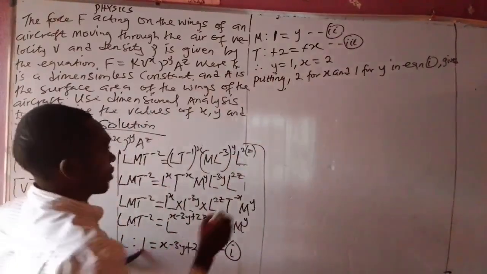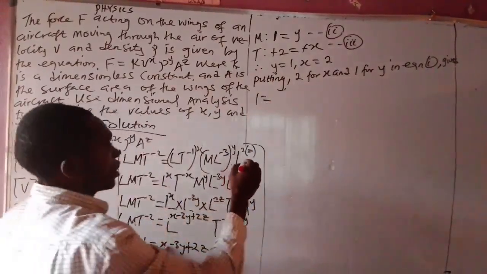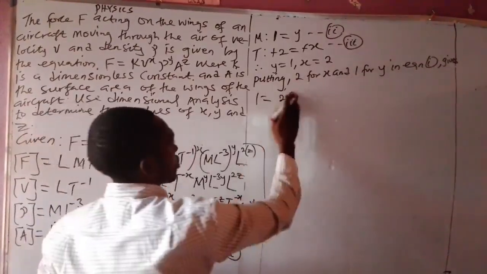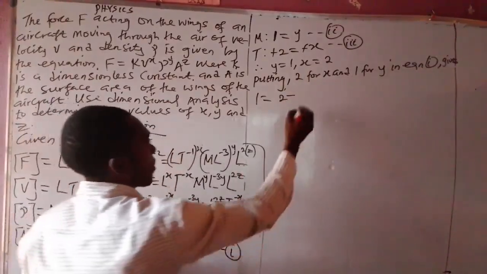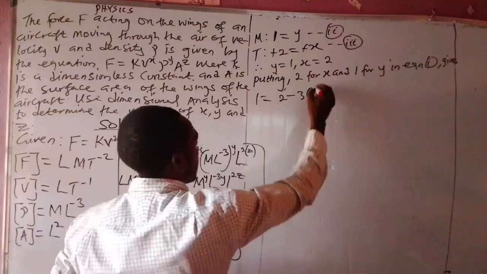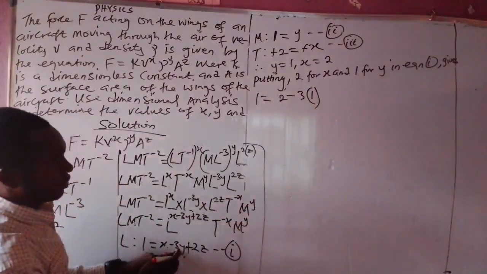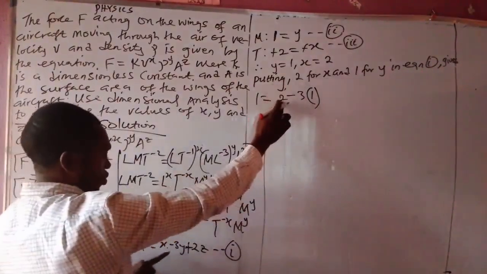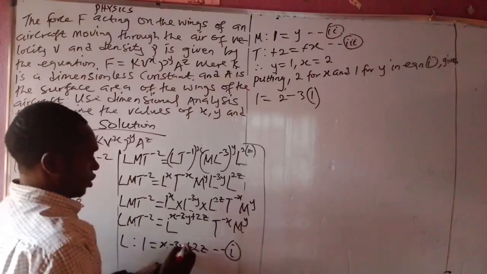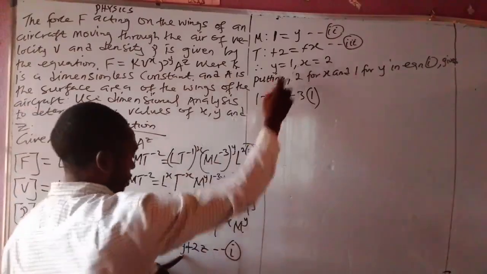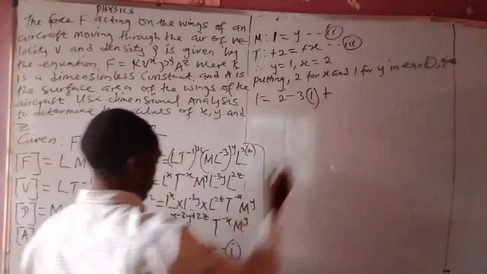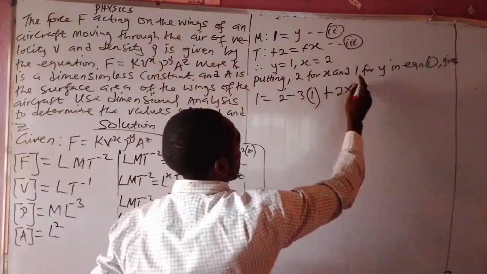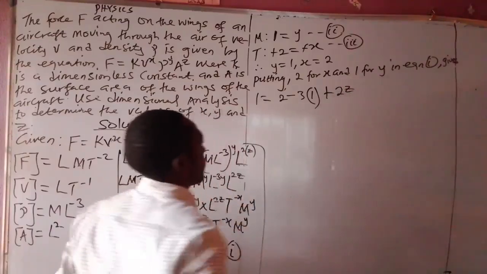So we come back to here, we have 1 equals to, instead of x, we write 2, plus minus 3, open bracket, 1, since instead of y we write 1, then plus, instead of writing 2, writing 0, that's the 0 we're looking for, so it's just 2z.